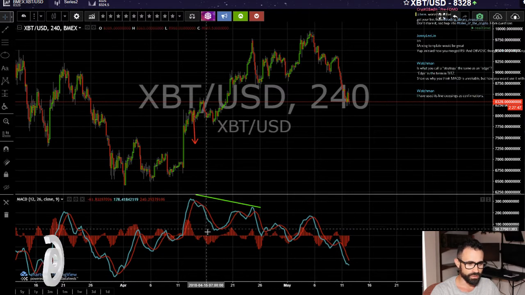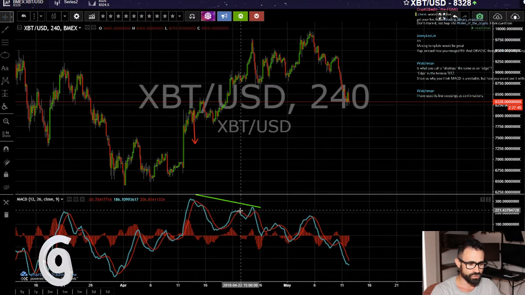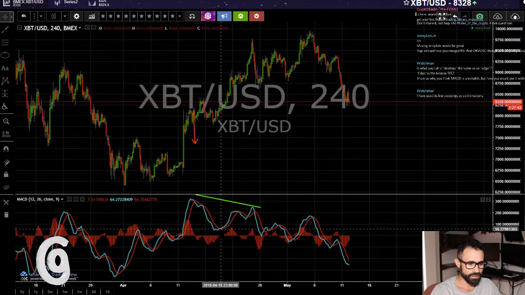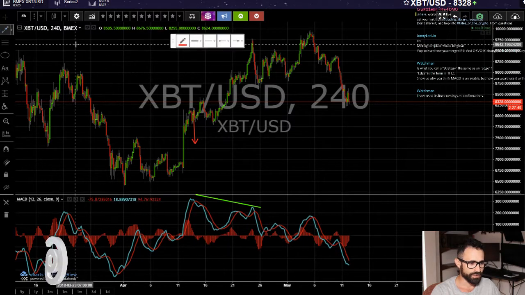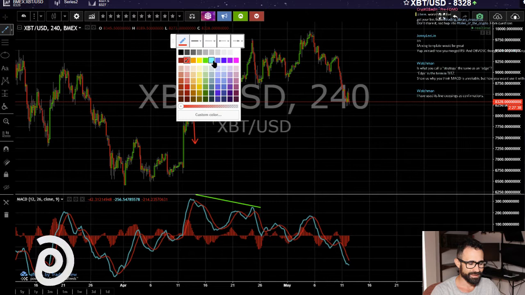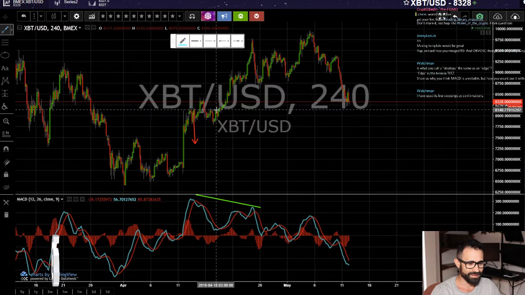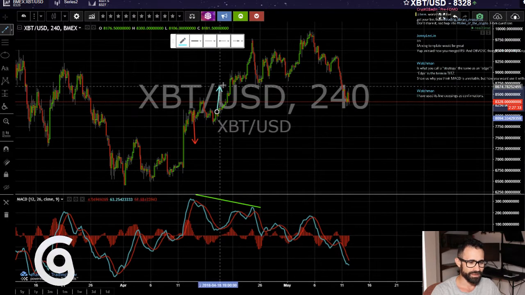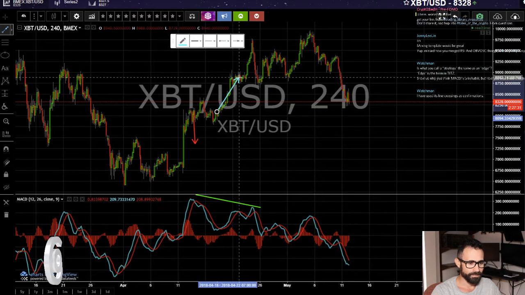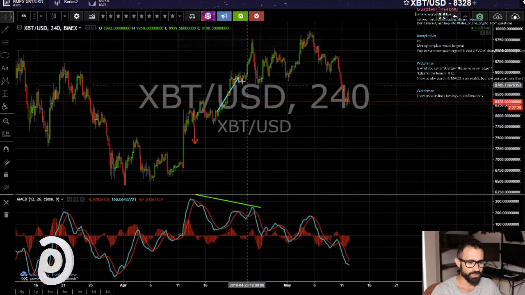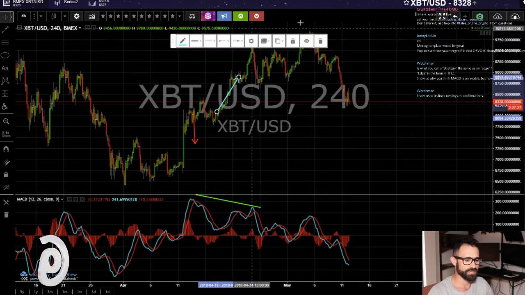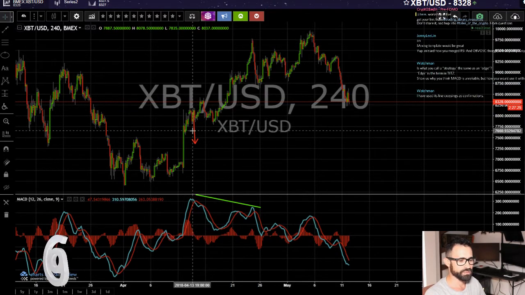But then only another day later to start a long at that same price point, only to close it. So it just gives off too many signals, you know, the MACD crossing the signal.